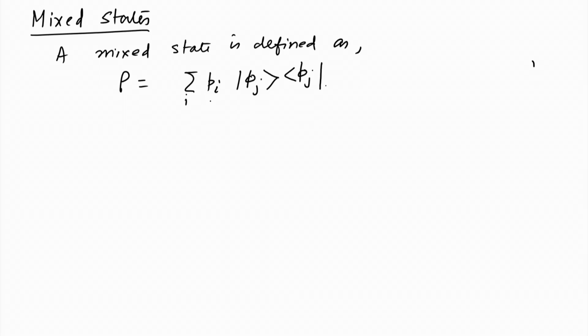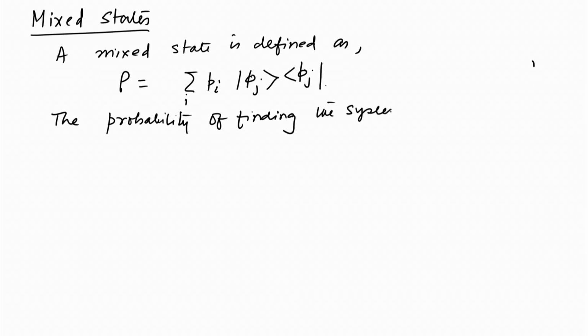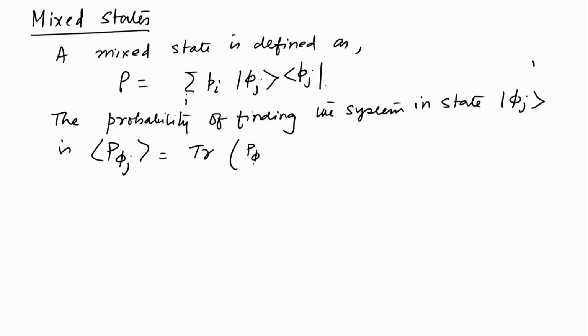So, this probability p i is defined as the probability of finding the system in state phi j, which is nothing but the trace of rho times p phi j.